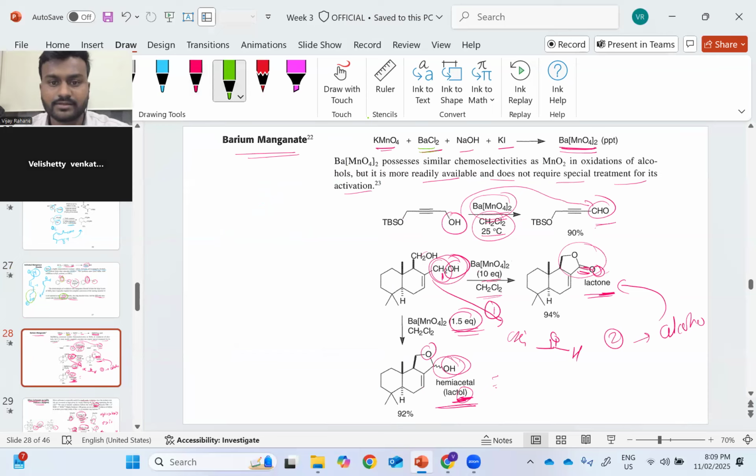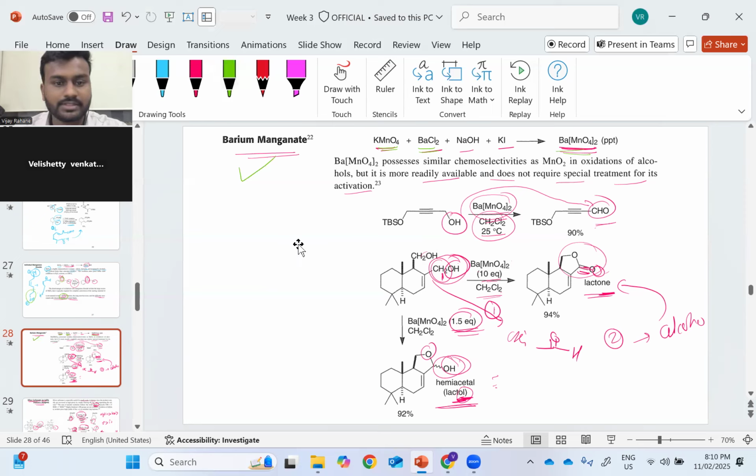Barium dichloride with KMnO4, NaOH and KI forms the BaMnO4 reagent, and this reagent does similar work to MnO2, and in this case we can get the aldehyde from the alcohols, right. The only thing here is that we don't need to use as much barium manganate as MnO2. So this is one of the advantages of this barium manganate reagent.